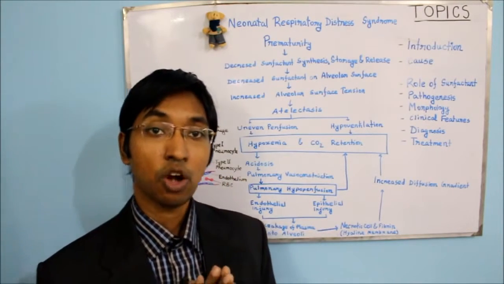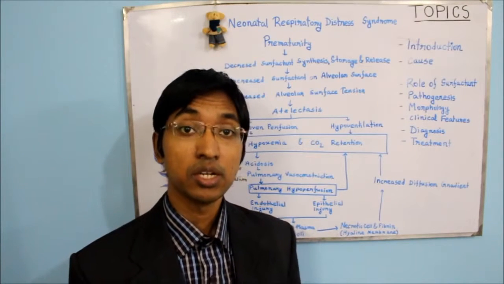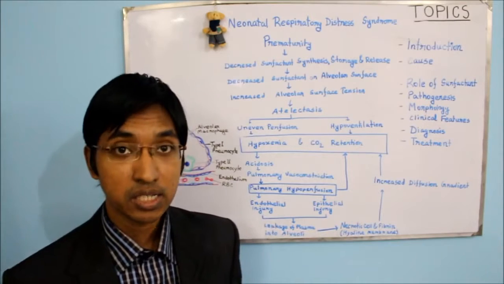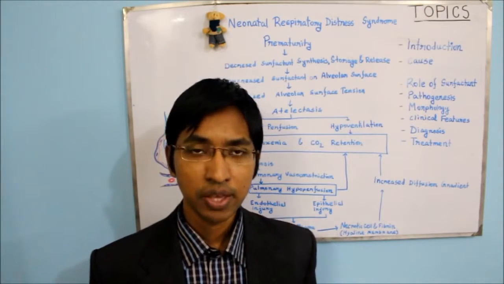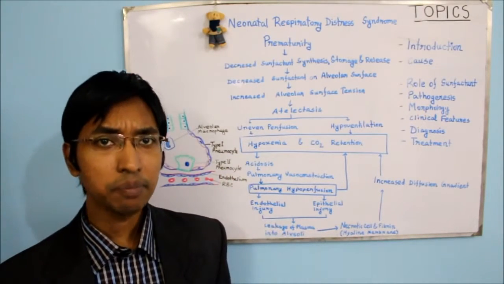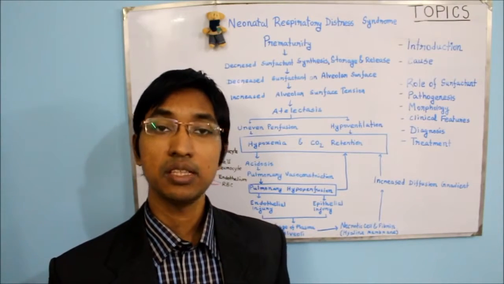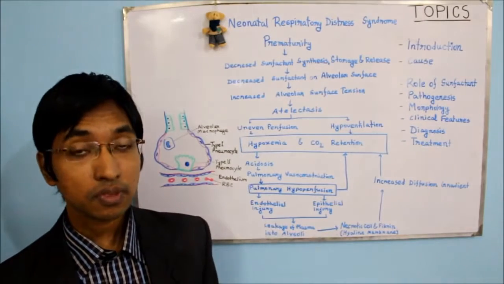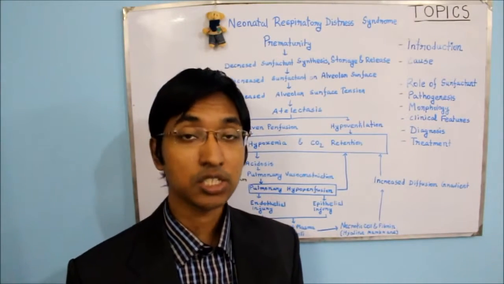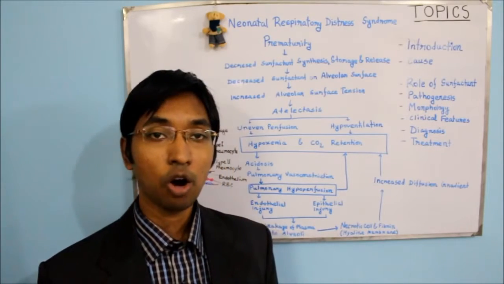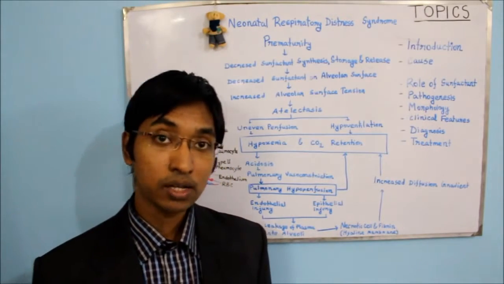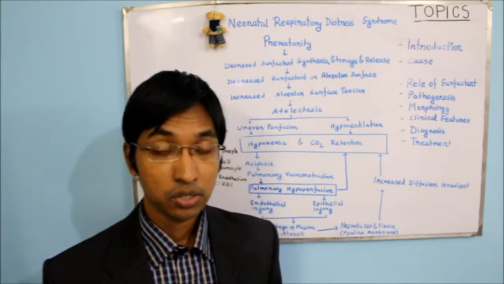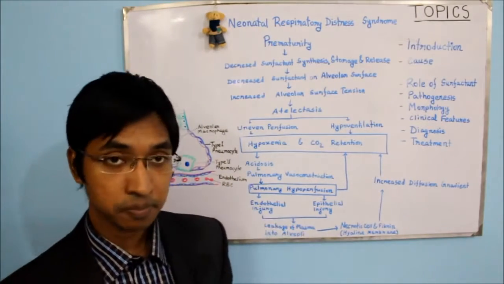So the beta cells of the fetal pancreas will synthesize insulin, and that insulin will be liberated into the fetal circulation, and that will result in hyperinsulinemia in the fetal circulation, and that will cause decreased synthesis of surfactant. That's why maternal diabetes is a very strong risk factor associated with this disease.